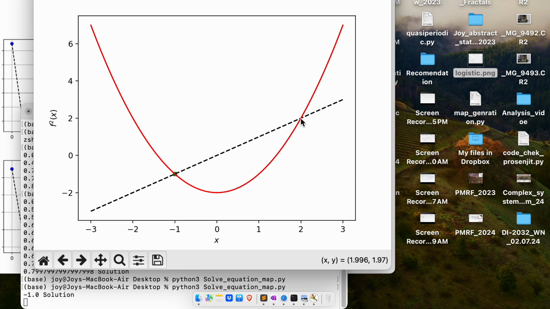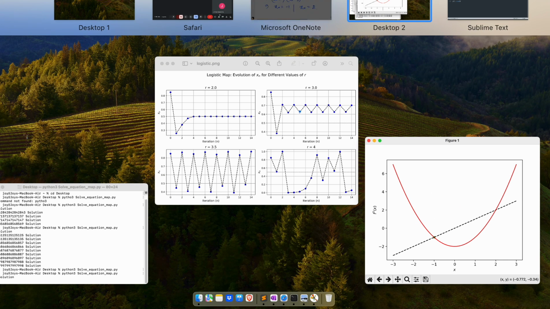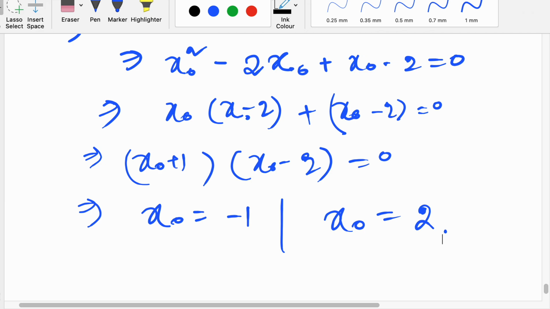So you can see this point is 2, so 2 is the solution, and this is minus 1, so minus 1 is the solution. So now we know there are two solutions, and that matches our calculation.